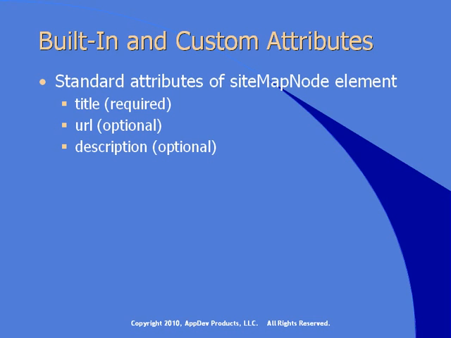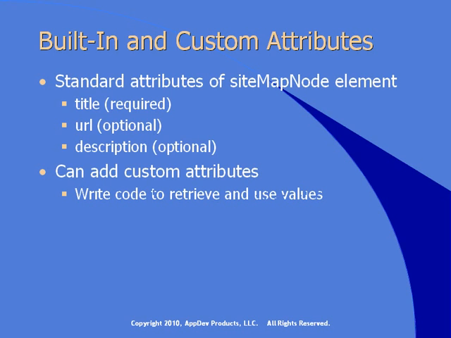And you'll see that the navigation controls show a tooltip of bunny for the rabbit page. You can also add any custom attributes to the 3 standard attributes. Then you can write code to retrieve and use the values. As we demonstrate a little bit later in this section, for the custom sound attribute that identifies the sound that each of the animals makes.